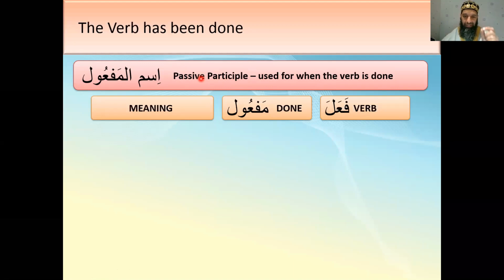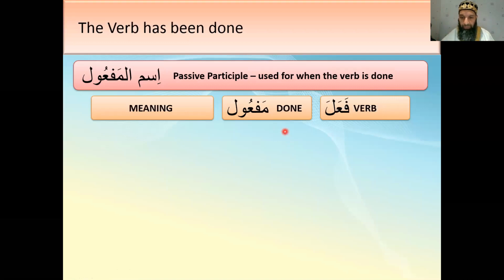You get the verb fa'ala and put it into this pattern, maf'ul. It should really have said maf'ulun, my mistake. It gives you the meaning of the thing that the verb is done to.